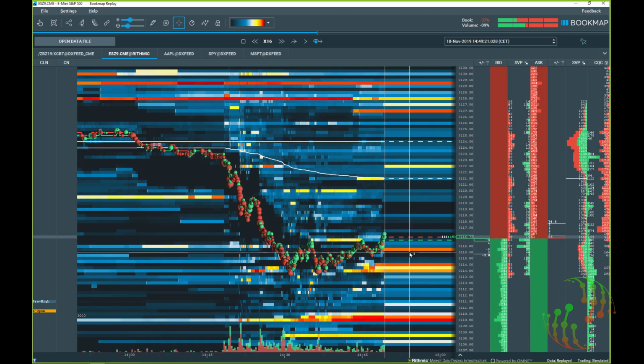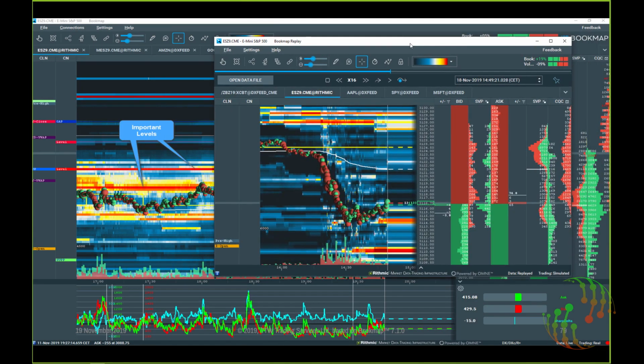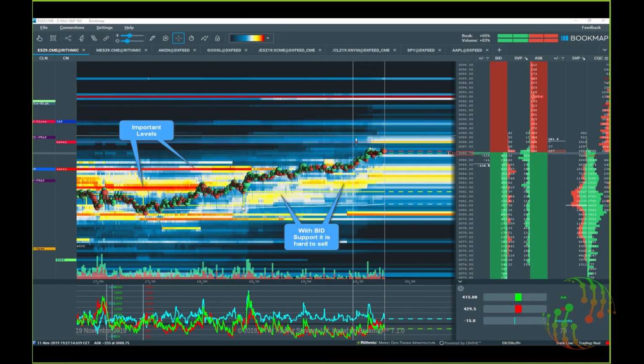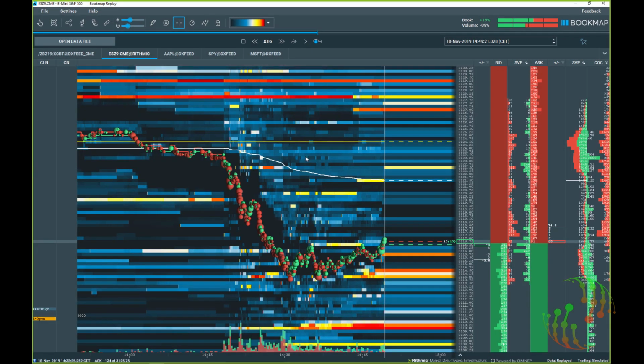What is happening here? They're following liquidity up behind the bids. Look here, it's similar to this one here. So they are trying to support.